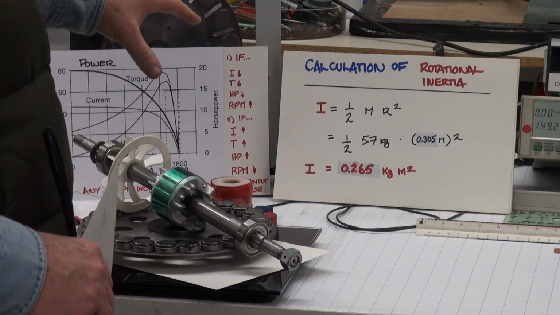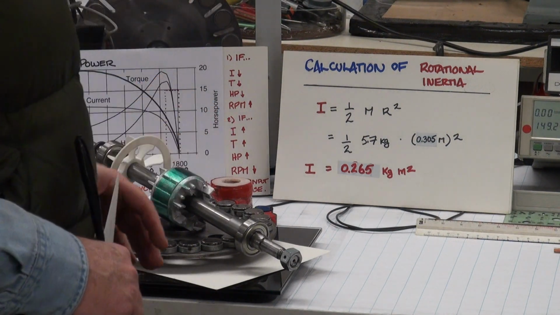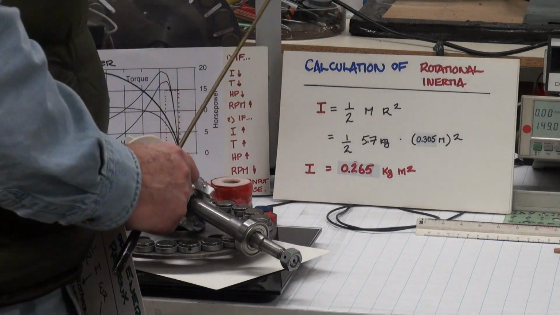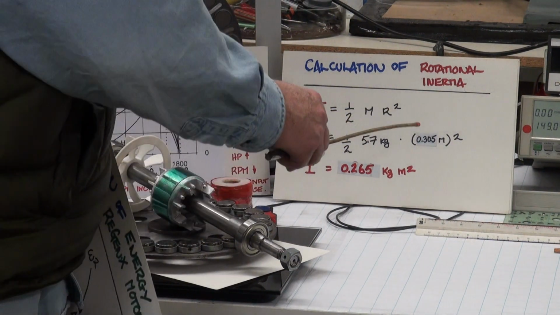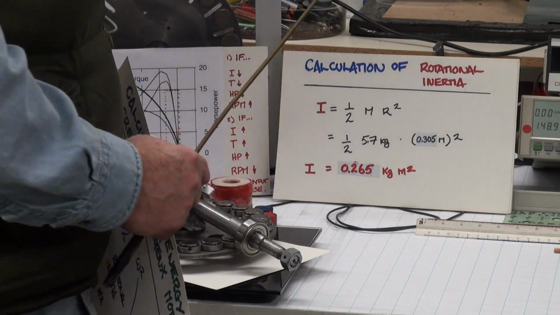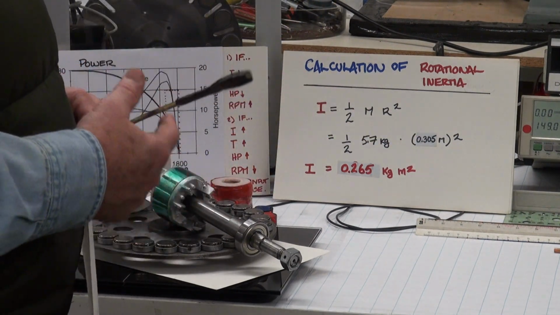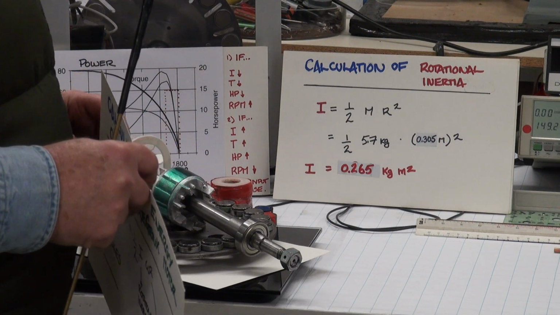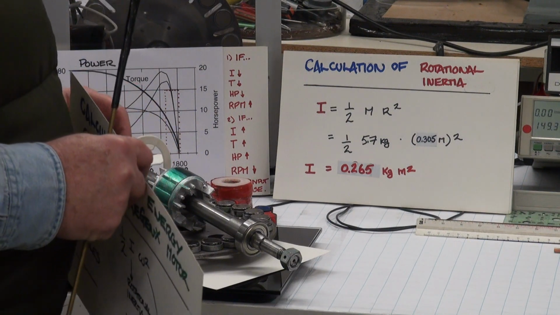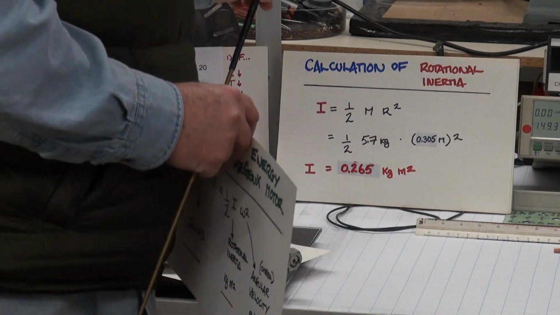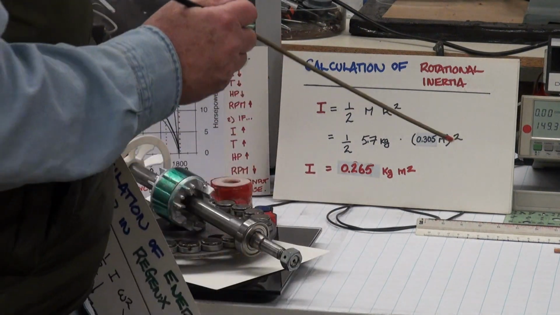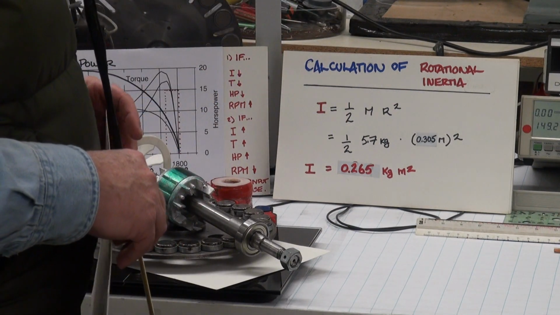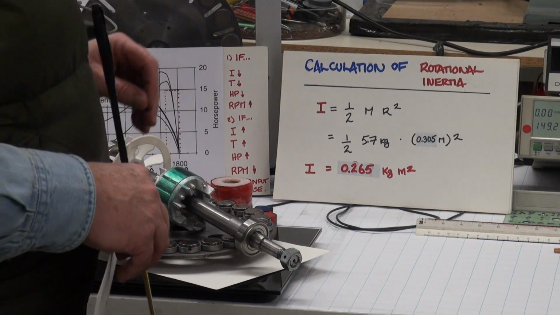And the rotor combination is 5.7 kilograms, and the radius of our disc is 0.305 meters or 12 inches. And the rotational inertia is 0.265 kilograms meters squared.